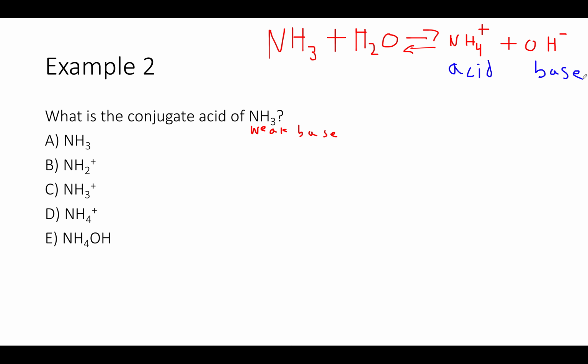So after the acid donates a proton, you get a conjugate base. So here the water is acting as the acid, it's donating the proton, and you get the conjugate base hydroxide. Here NH3 is acting as the base, it accepts the proton, and you get the conjugate acid. So here the conjugate acid of ammonia is NH4+.